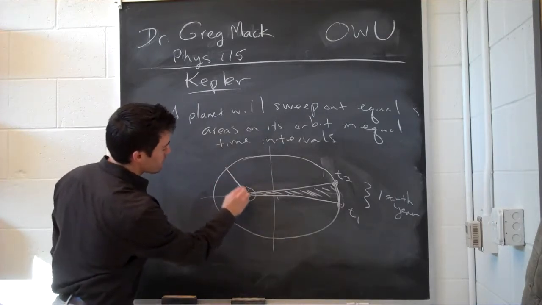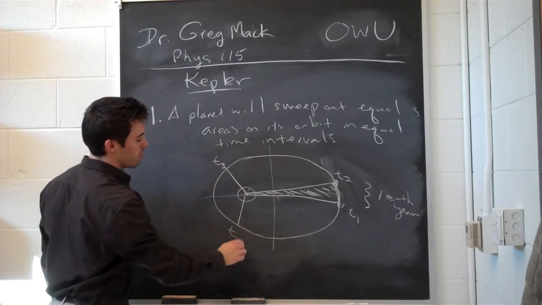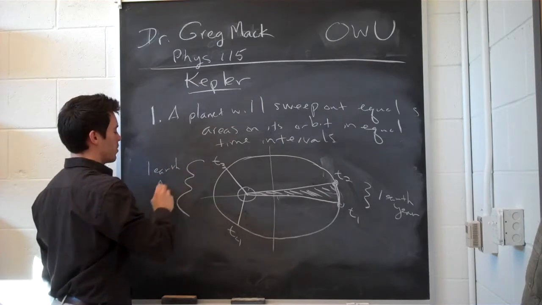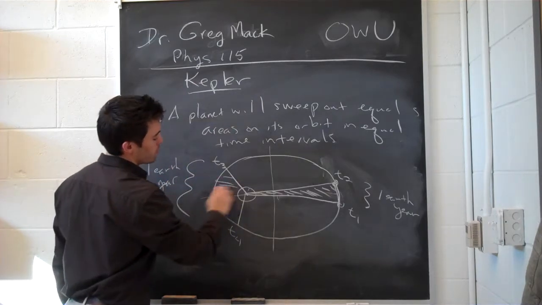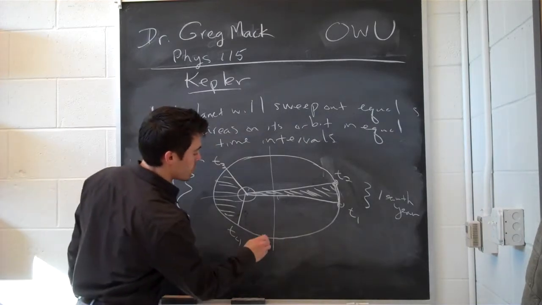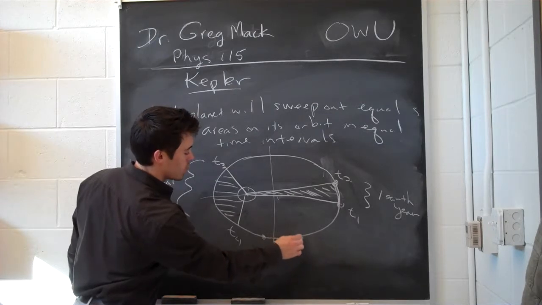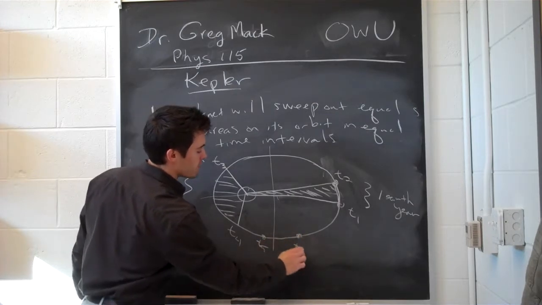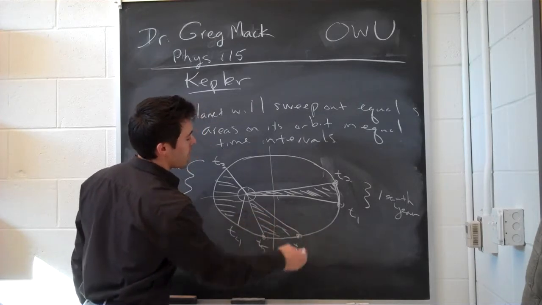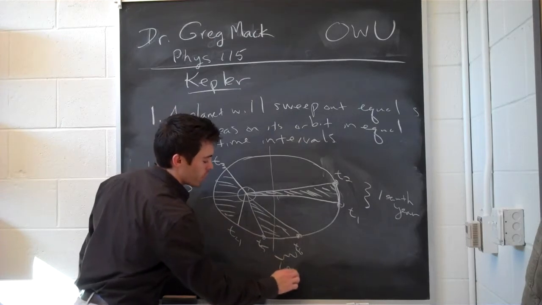So that might actually end up being this situation here, from T3 to T4, where this is also 1 Earth year, covering off this part. Or maybe it's actually from here to here, T5, T6, where this would also have the same area as all these different things, and this would be 1 Earth year as well.